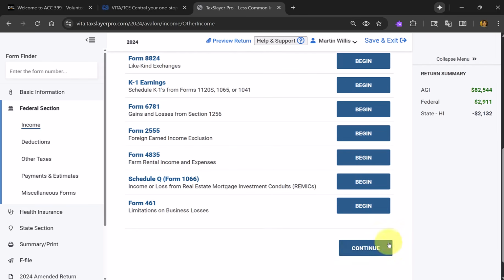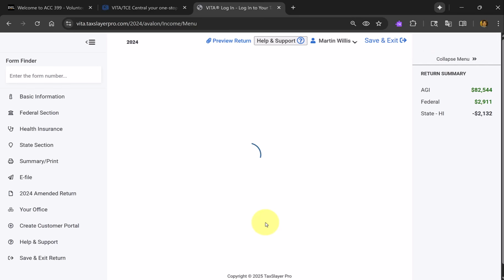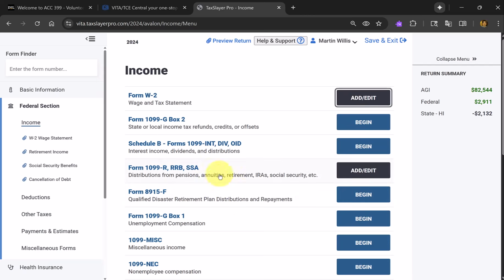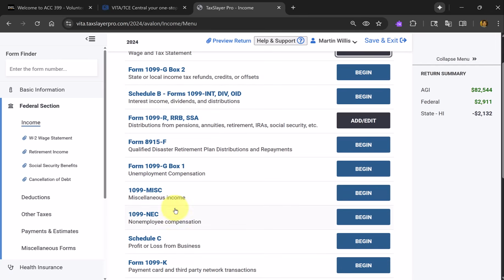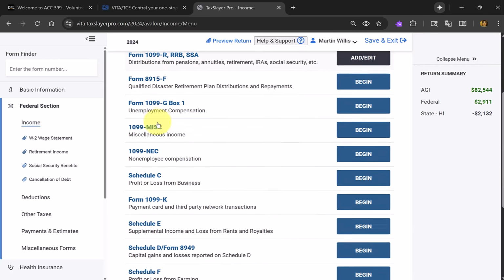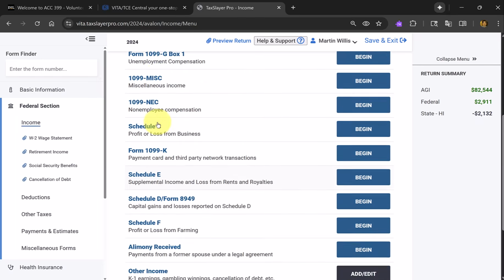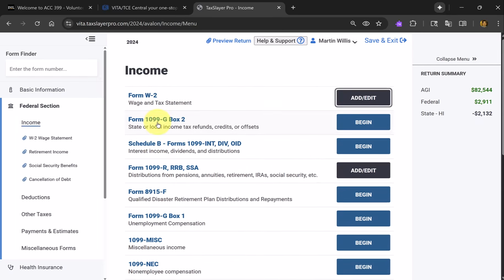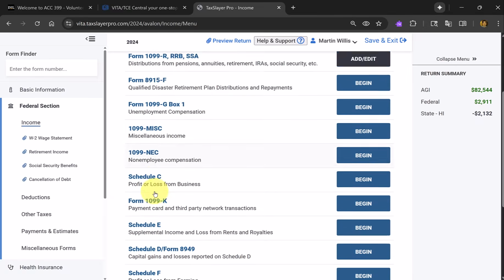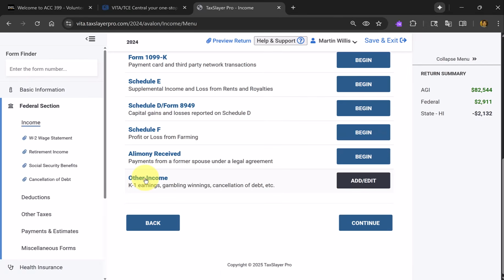Let me go back a step by clicking on this continue button. Okay, all these are tax forms. Okay, it must be here.